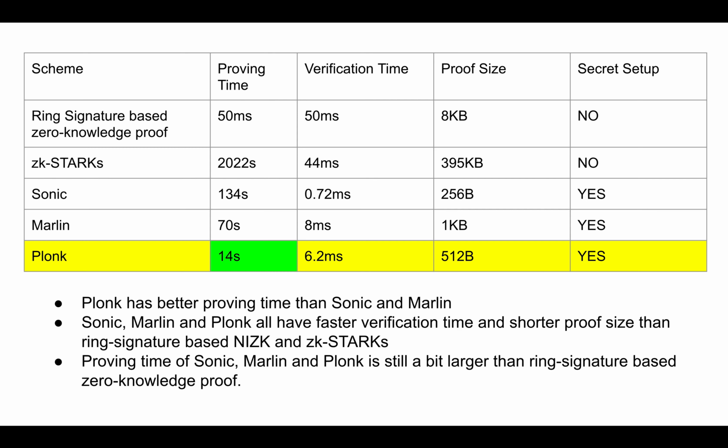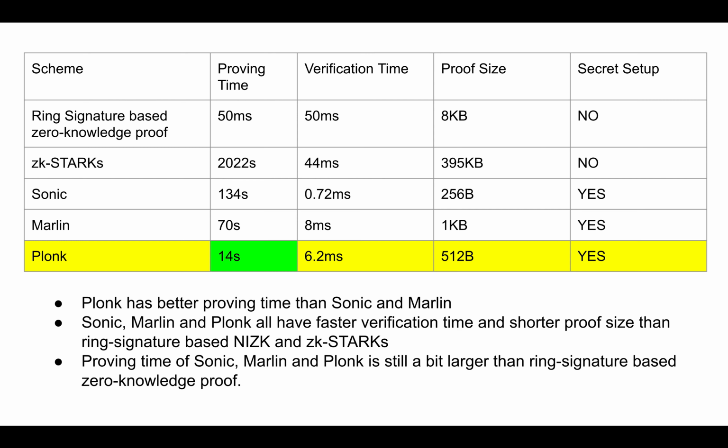Indeed, from a theoretical perspective, the proving time of zk-SNARKs is usually n log n, but the ring signature-based zero knowledge proof is usually linear time. So this is kind of a disadvantage when we compare these three candidates with the ring signature-based zero knowledge proof.